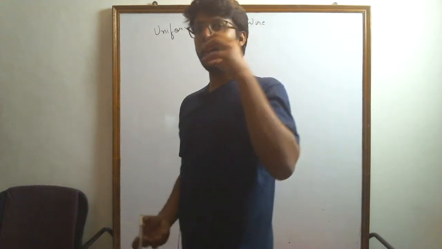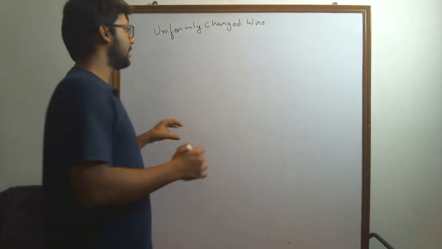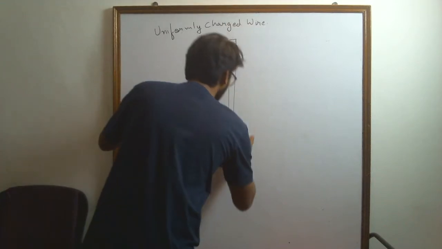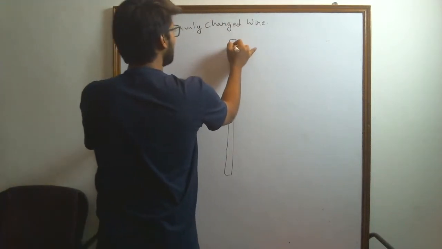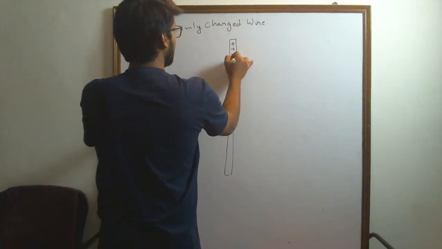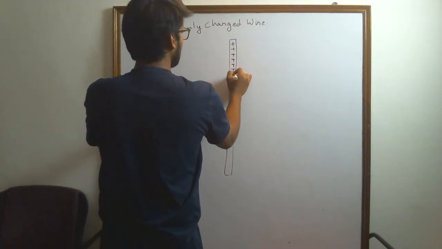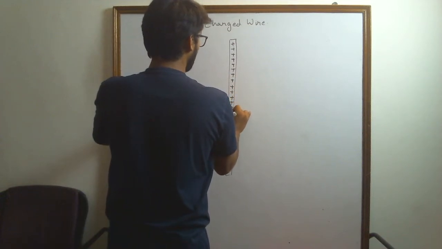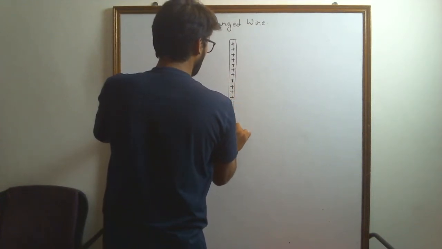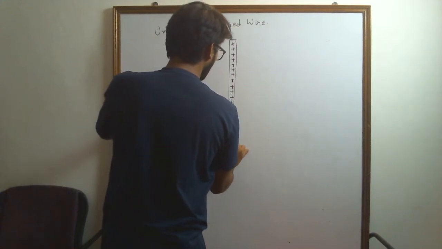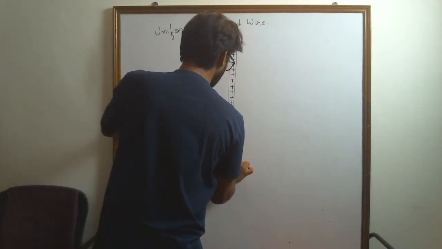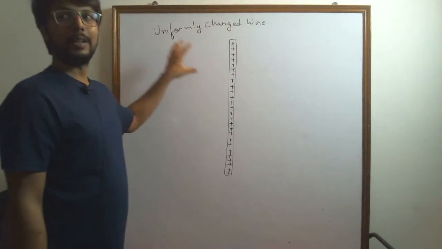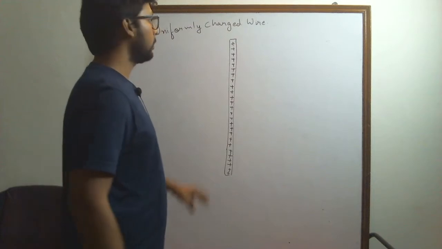But if it is uniformly charged, when I think of a wire, I can imagine the charges being at the same equal distance from each other and spread out evenly throughout the length of the wire.